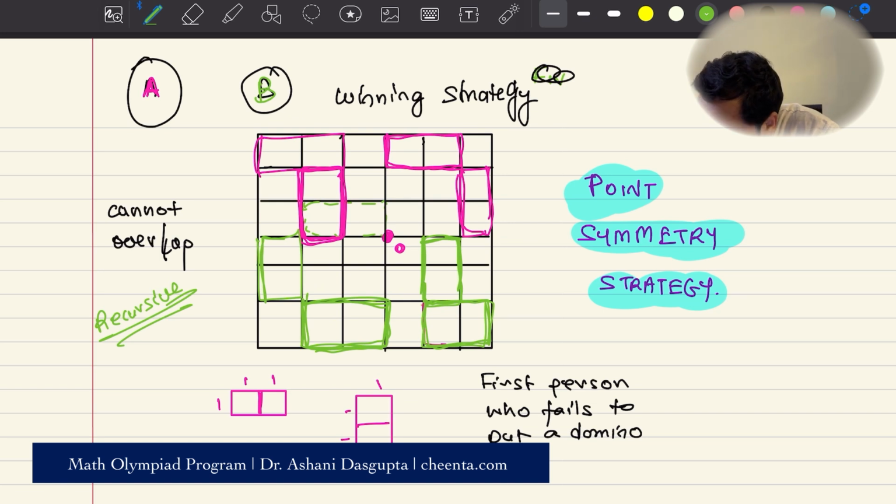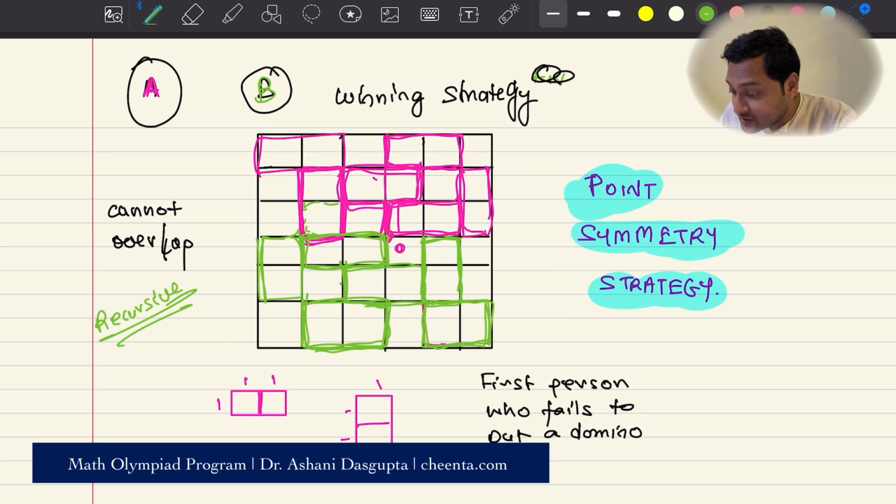Okay, so let's say the player A puts a domino here, like so. And player B would put a domino here. Options are shrinking. Maybe the player A puts a domino here. Then player B would put the domino here. The reflected spot is always empty.